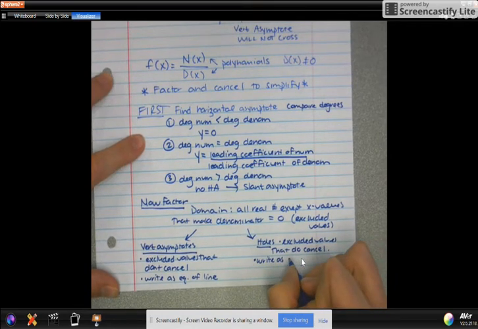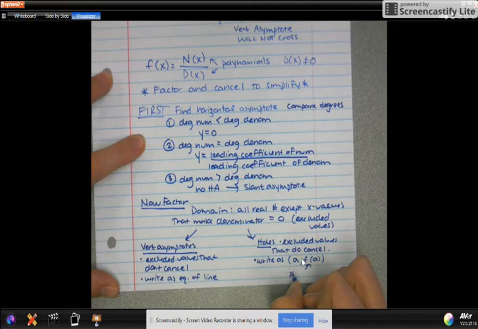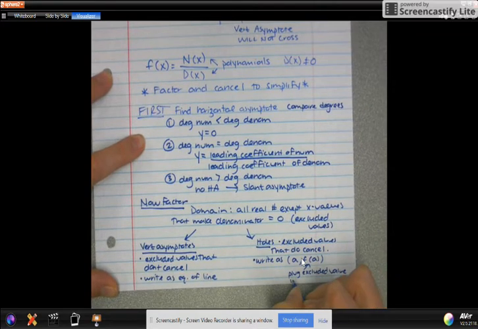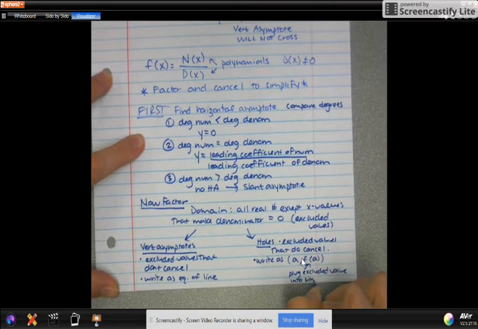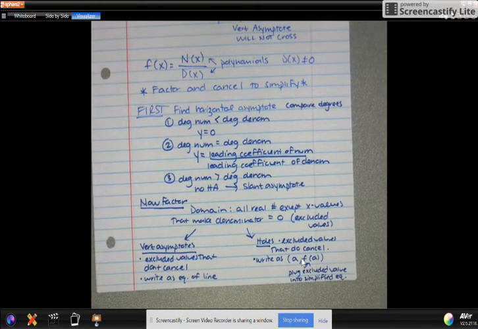And then the ordered pair is going to be your excluded value and what you get when you plug that excluded value into the simplified equation. And we'll see an example of this in just a moment.